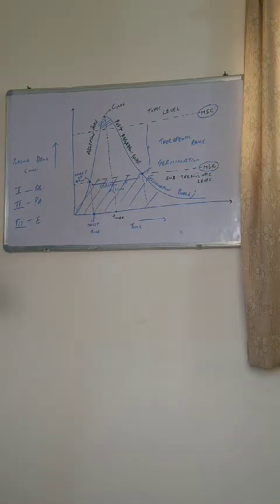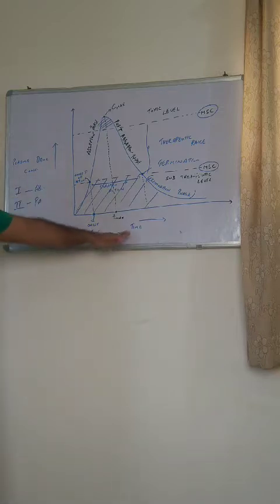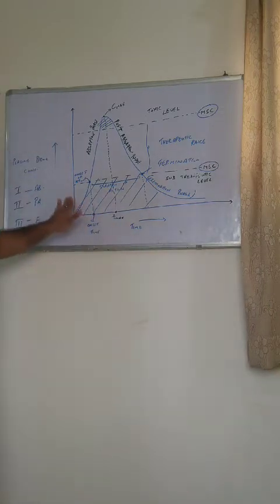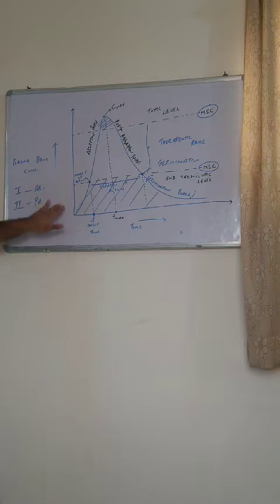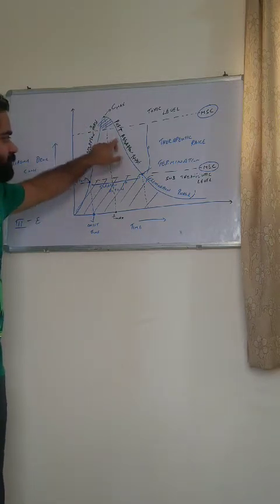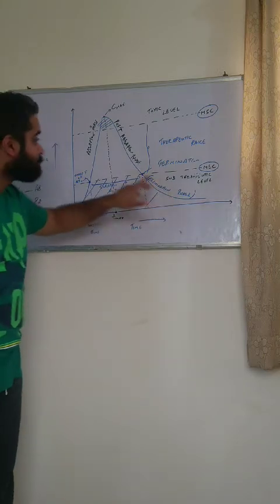Okay, so let us quickly summarize the pharmacokinetic profile of a given drug. On the y-axis we have plasma drug concentration, on the x-axis we have time, a sigmoidal, bell-shaped curve which shows you the absorption phase, post-absorption phase, elimination phase.